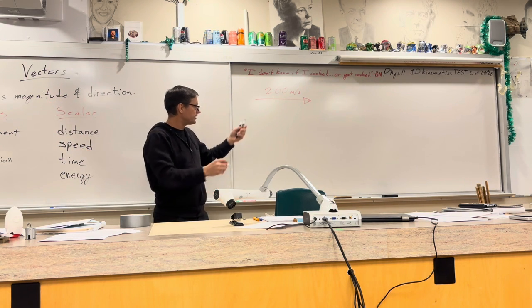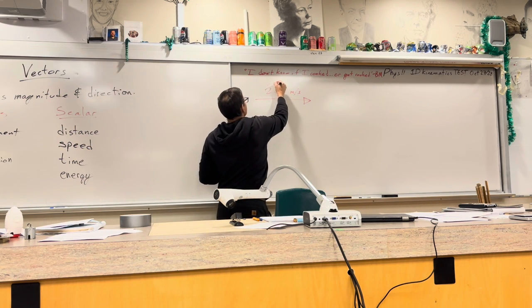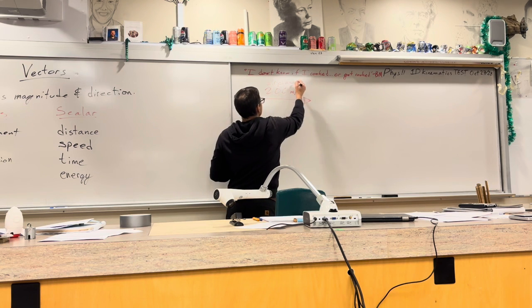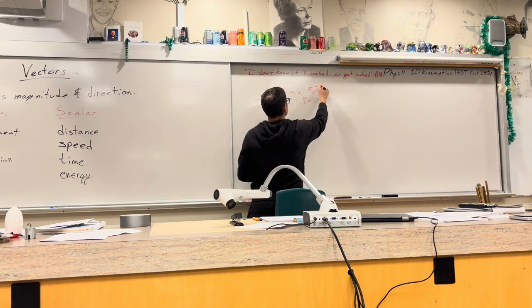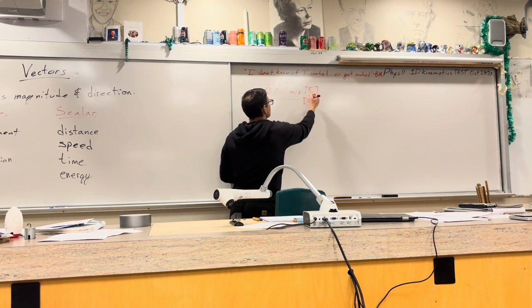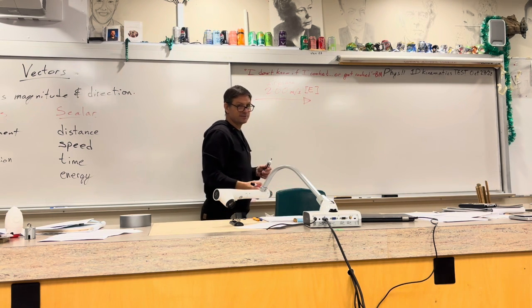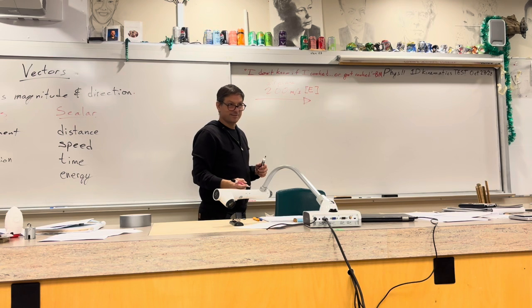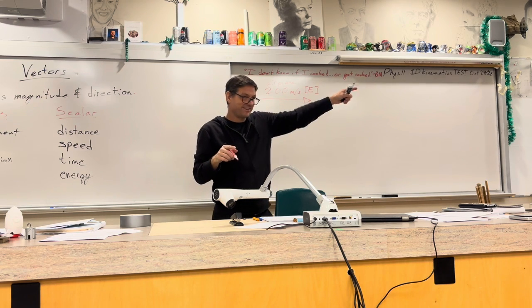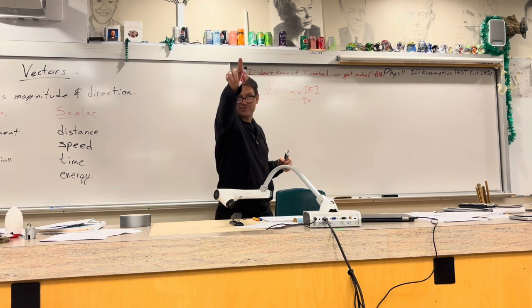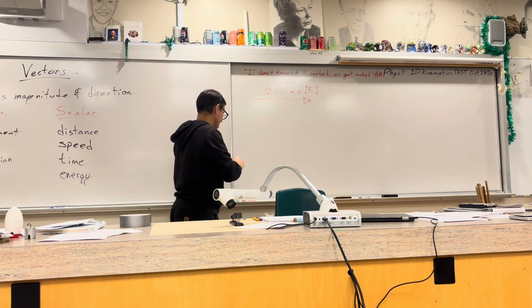But you fly your airplane into a wind. Let's say we're flying to the east. You guys know which way east is? Yeah, east is that way. Thank you, Mateo. Mountains are north. This is east. That's where the sunrise is, right?